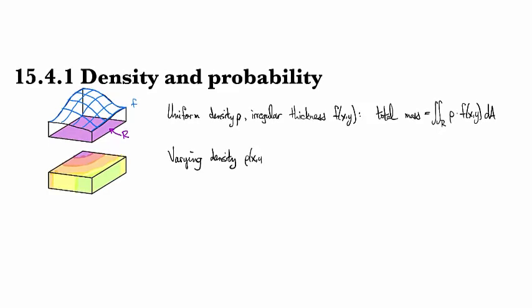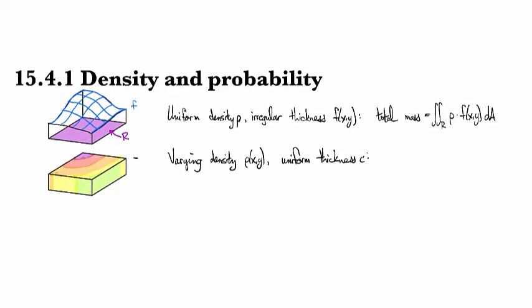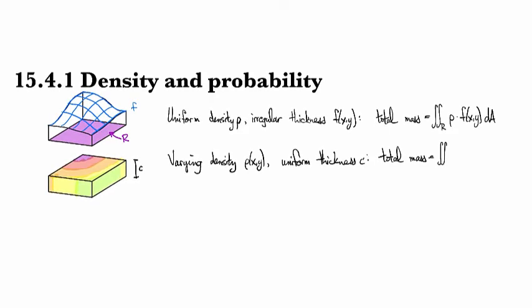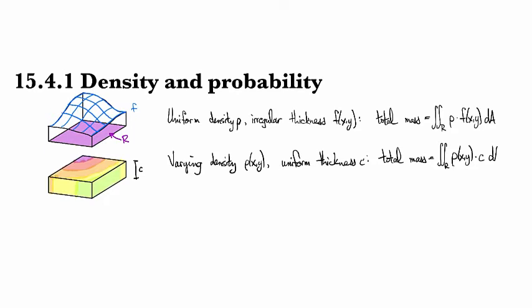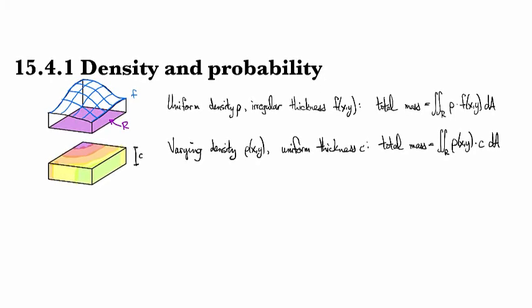Now rho depends on x and y, but we have a uniform thickness, and that height there would be C. This is still over the same region, so the total mass in this case would be the integral over R of rho(x,y), the function we integrate, and C is just a constant for the thickness that we have.